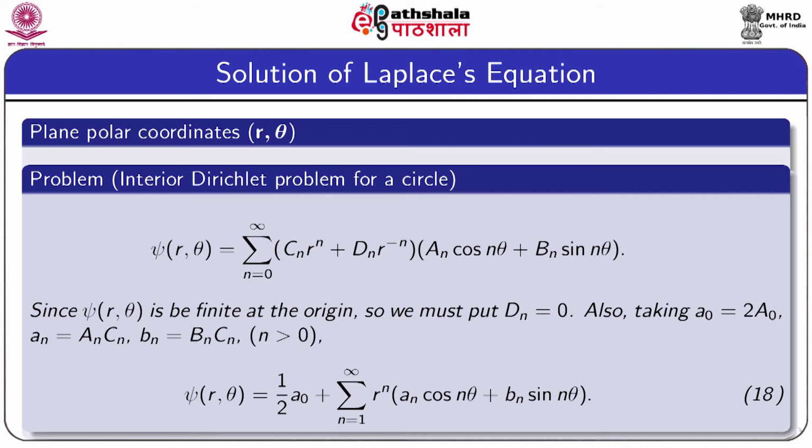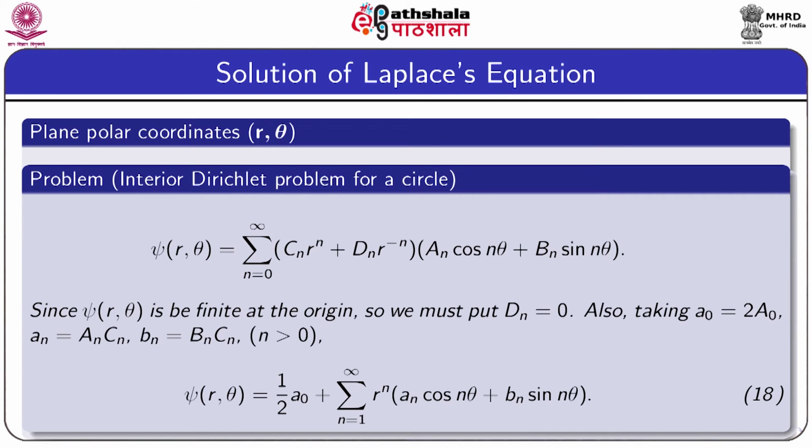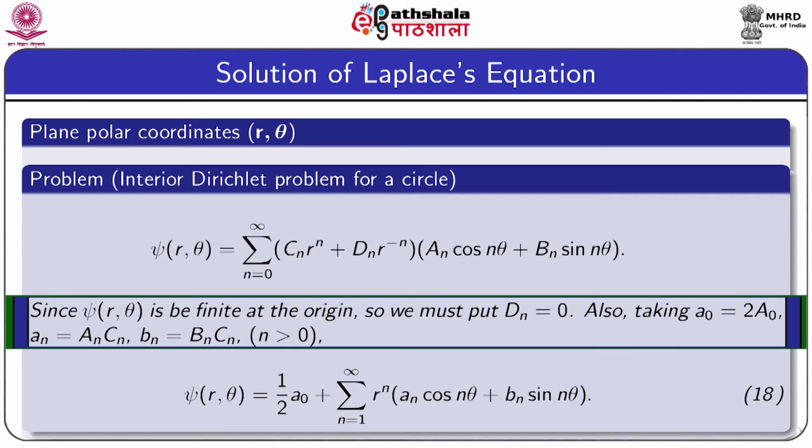Now, using the principle of superposition, the solution psi can be written as the sum over n of Cn r to the power n plus Dn r to the power minus n, into An cos n theta plus Bn sin n theta. Again you can see that psi r theta is finite at r equals to 0.